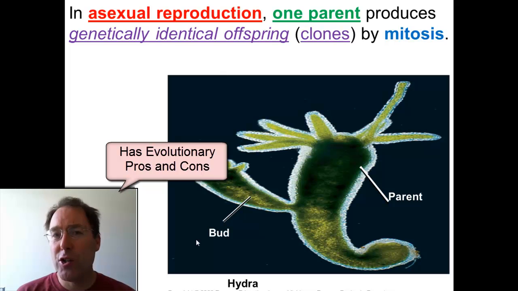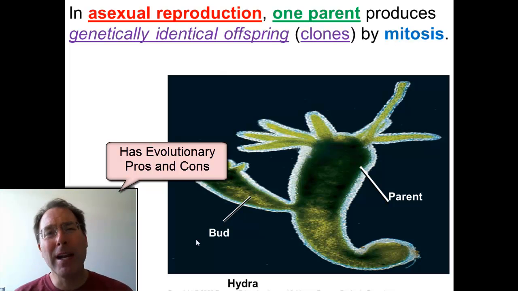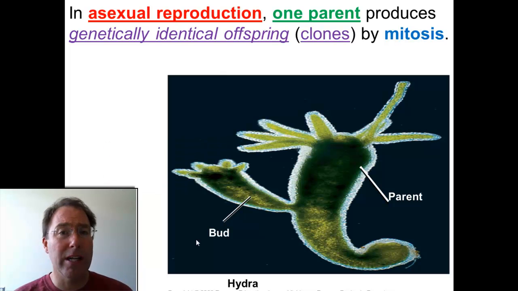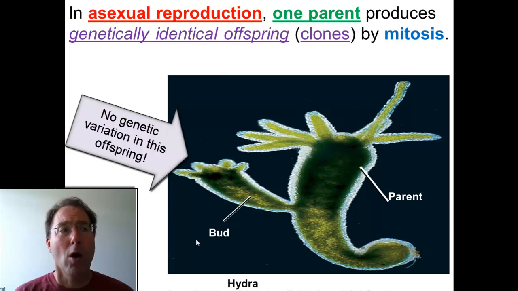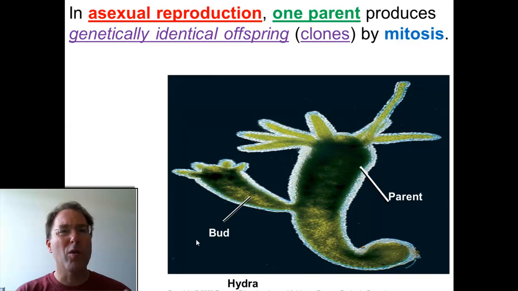And if conditions change in the hydra's environment, that offspring may not be well adapted to the new conditions, like the unavailability of a vitamin or a virus that comes into that environment. That new hydra baby may have trouble, whereas for multicellular organisms like us that do sexual reproduction, we have a whole variety of individuals, many who are well adapted if the environment would change, and many who aren't, and they'll just die off.